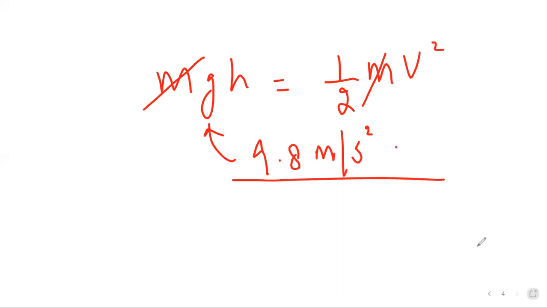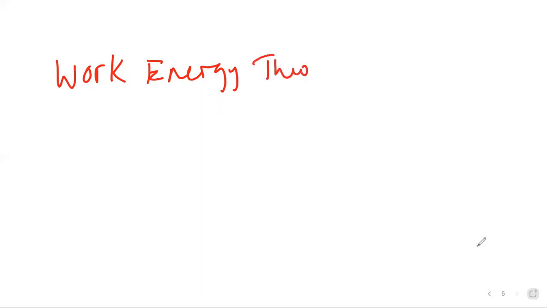Now, what if there is friction involved? Then you have to look at the more general form of the law of conservation of energy, called the work energy theorem. In that case, we add the work done by friction or whatever that force is, which we call a non-conservative force. So this is how it goes. The mechanical energy of a body is KE plus PE, kinetic plus potential.